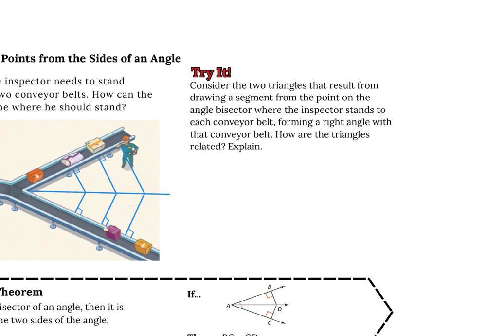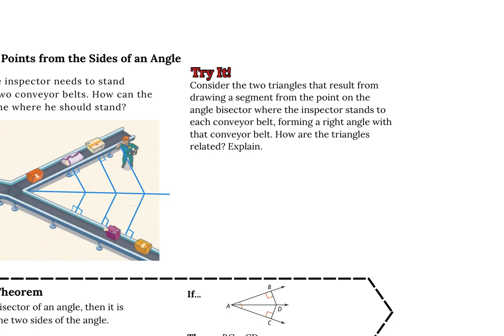Okay, so we know that those 2 triangles are going to be congruent because of angle, angle, side. We know that they have two angles that are congruent and a side that... Okay, so we know we have 90-degree angles here.